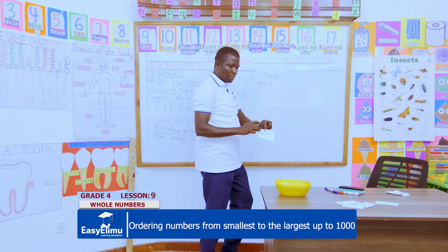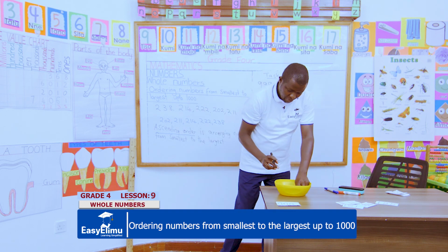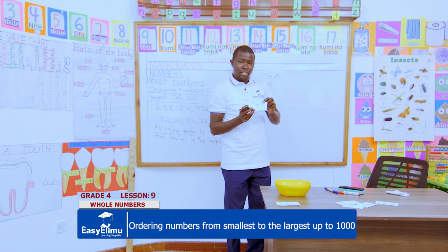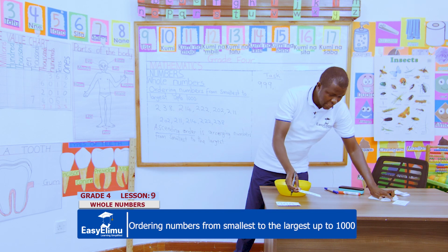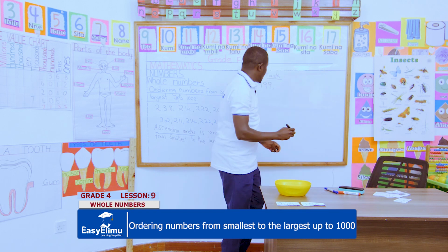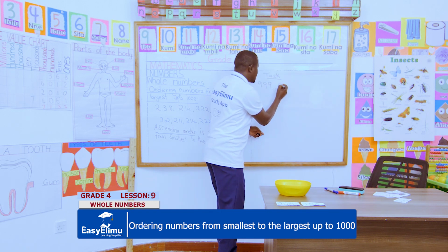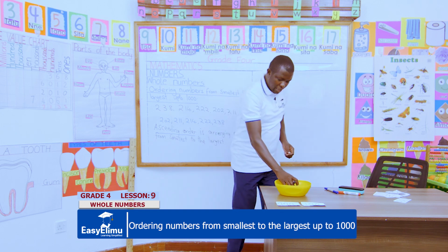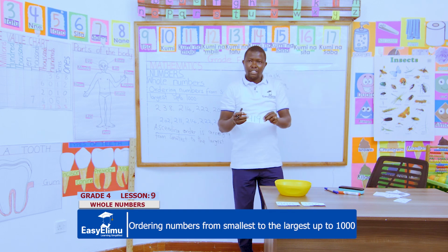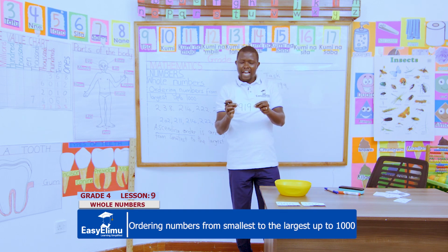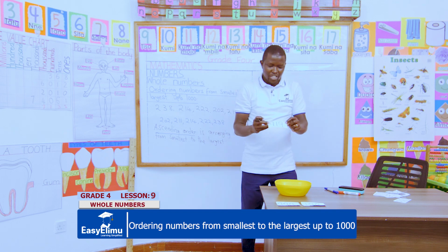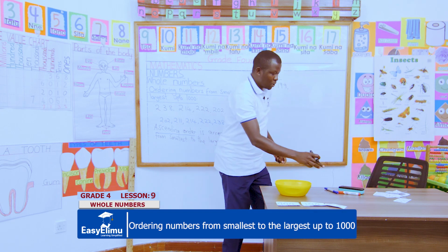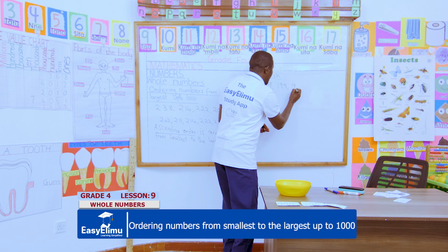So I write 999 is the first number. The second number is 199. So that is the second number. The third number is 919. You picked the third number to be 919.